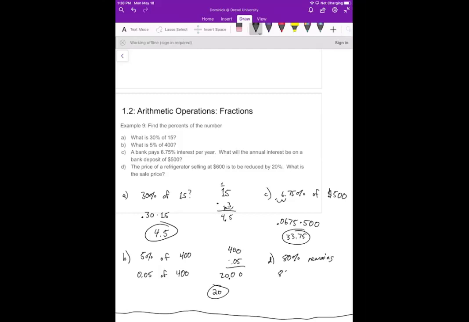So you really want to find 80% of 600. All right, so I need to do 0.8 of 600. Right, and if you do 6 times 8, that is a 48. I need to add 2 zeros for the 600 part, but then I need to move the decimal place one spot for the decimal, so this will be a 480.